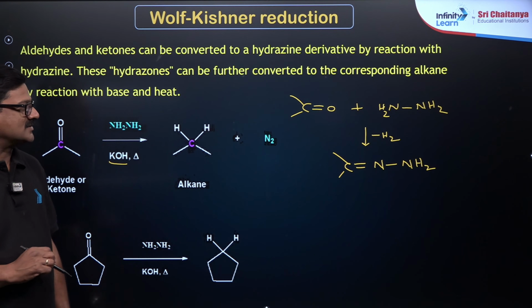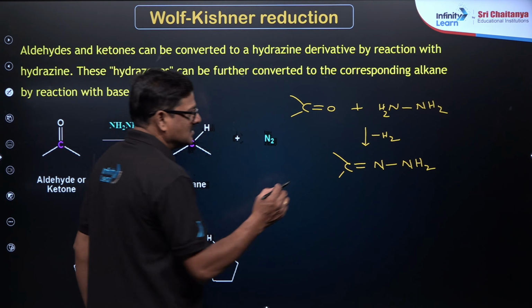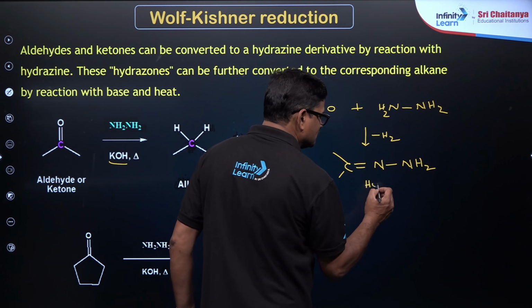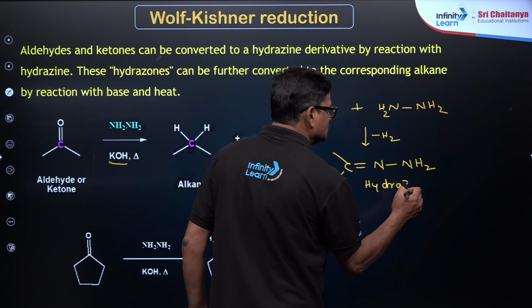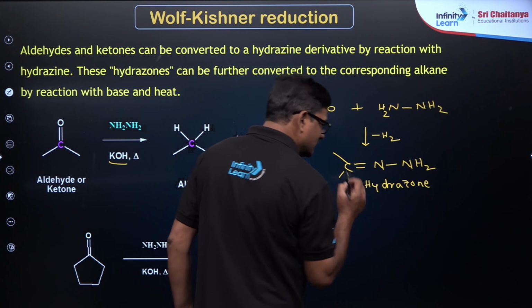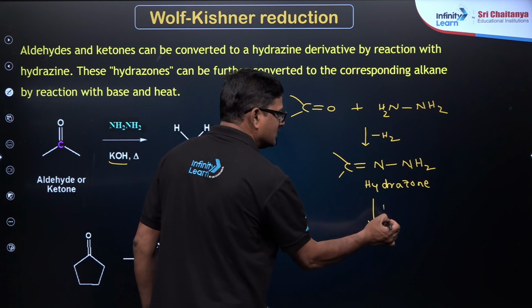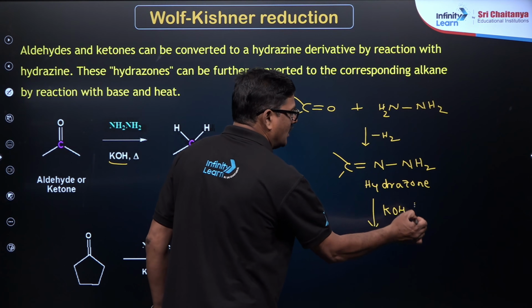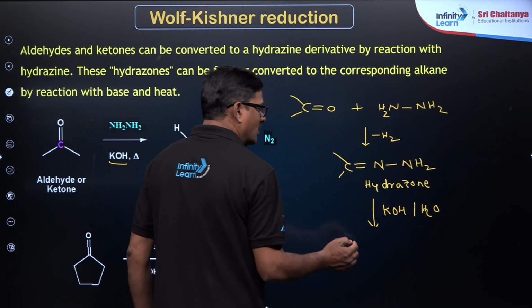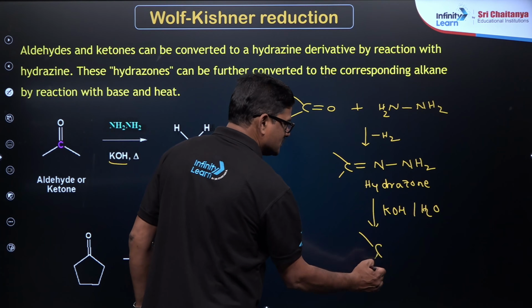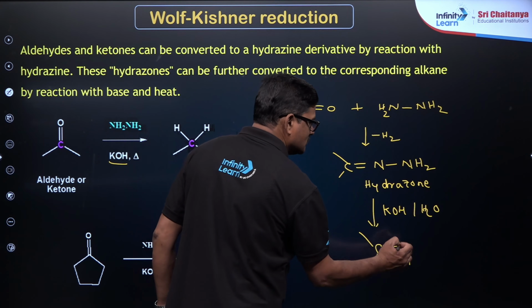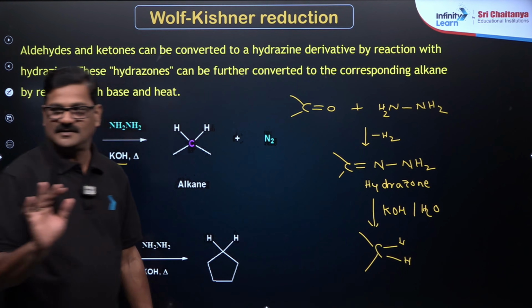Okay, it is not an oxime. Hydrazine, hydrazone. Okay, now this is treated with KOH and H2O. You are going to see the formation of alkane and nitrogen. Now you understand? Clear?